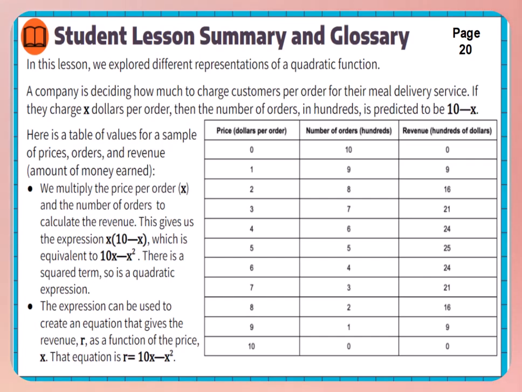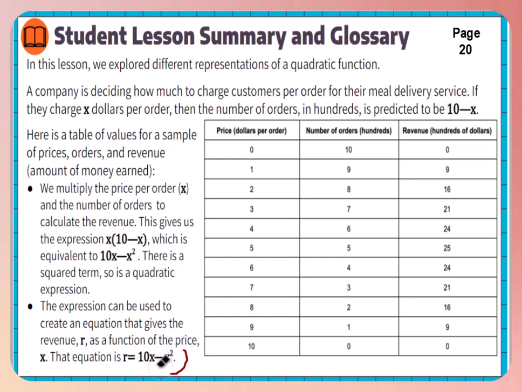All right, on page 20, in this lesson we explored different representations of a quadratic function. Now, there were still some questions about what a quadratic function was. A quadratic function is a function that has a squared term in it, but no terms higher than a squared term. So we're looking for that squared term.